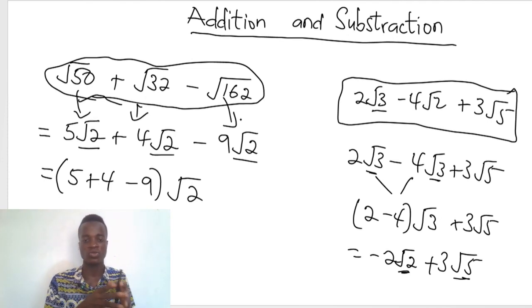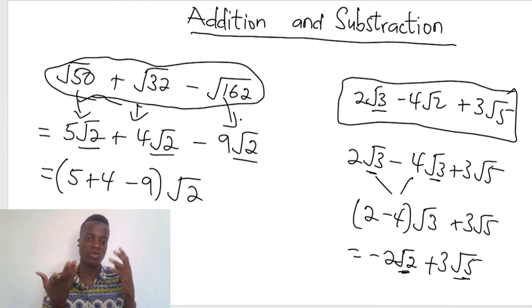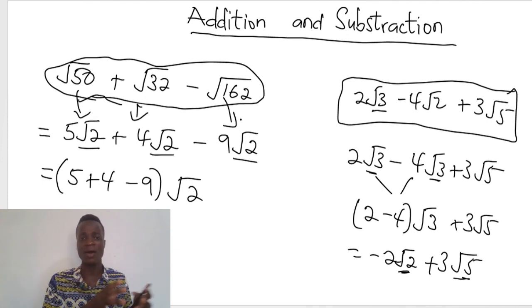We make sure that those under the square root don't interact, and that before the outsides can interact, they have to have the same roots. If they have the same number under their square roots, then they can interact.